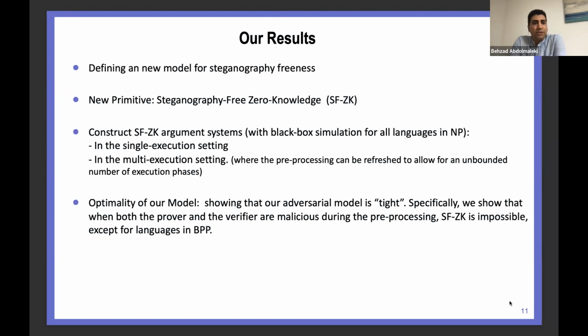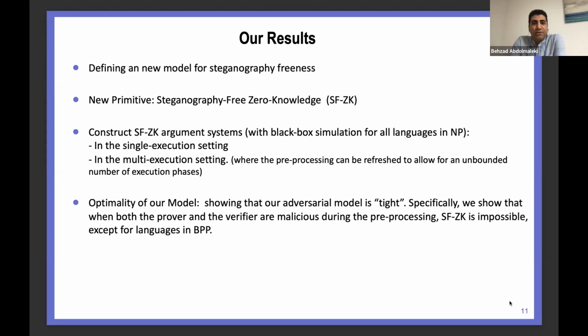The first result is that we define a new model for steganography freeness, and then in order to instantiate it, we define a new primitive. We call it steganography-free zero knowledge, or in short, SFZK.